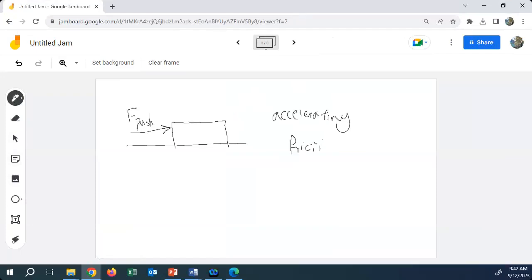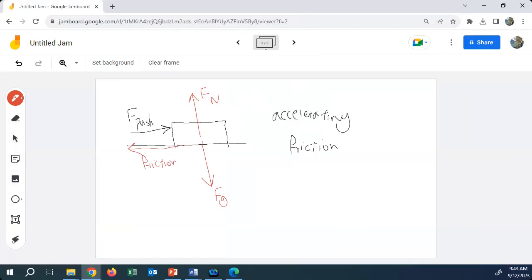Good. I can identify all forces. Again, like the last problem, we will try to identify all forces. What are the forces we have? Normal, F normal, force of gravity, F push, and friction force. Yes?